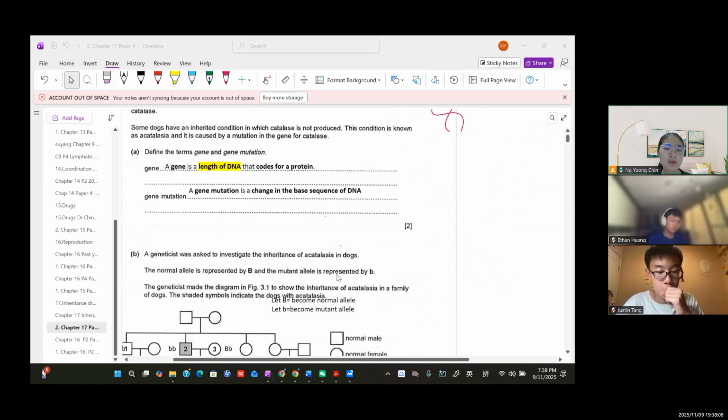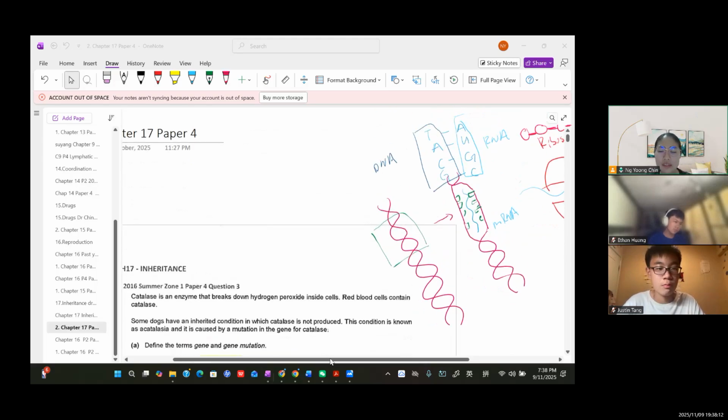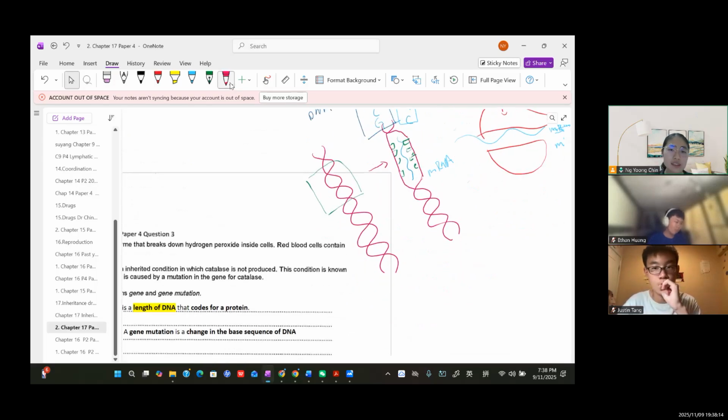So this is how we are able to produce the proteins. This is the DNA. DNA is very long and very complex, right? So at the DNA, they will have different regions.